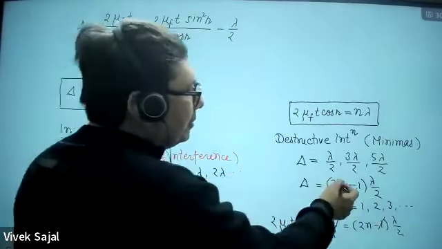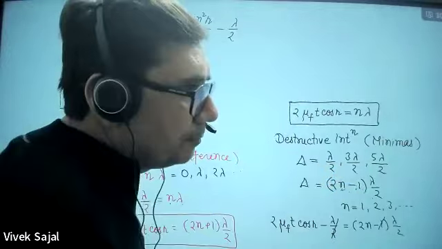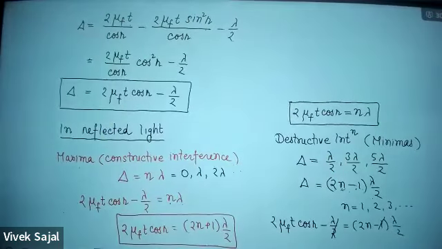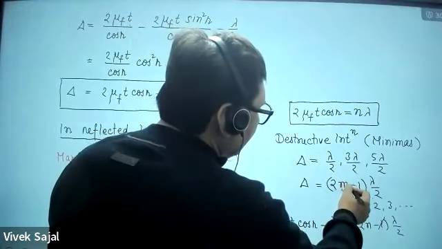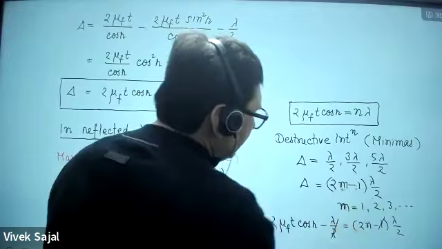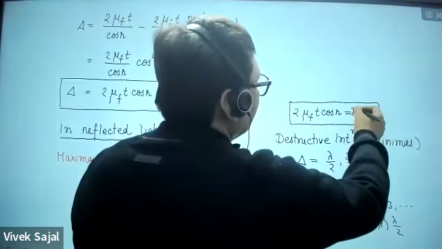If you place 0 here, then this will be minus lambda by 2, so you are not going to get the correct value. Or if you want to write it as m, you can write it as m. It doesn't matter.